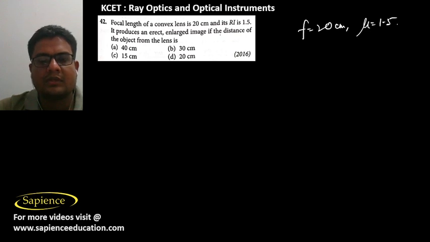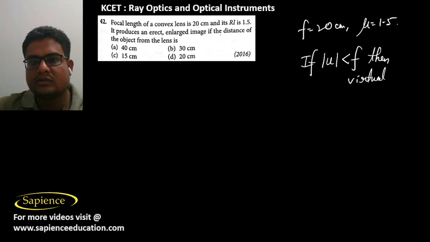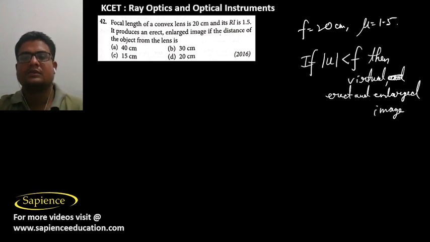So we know that if the magnitude of u is less than f, then we have a virtual, erect, and enlarged image for a convex lens.